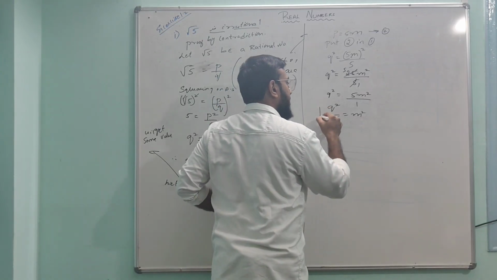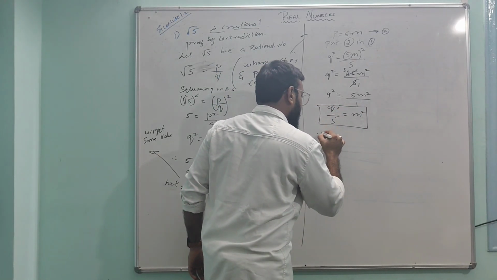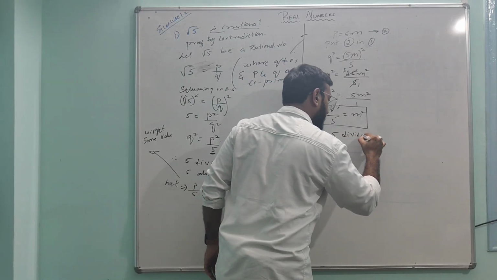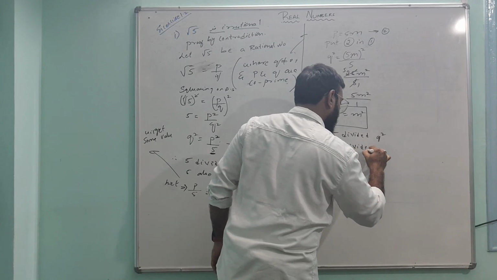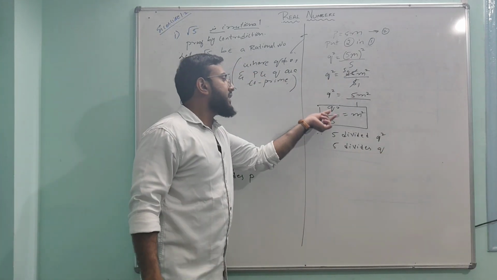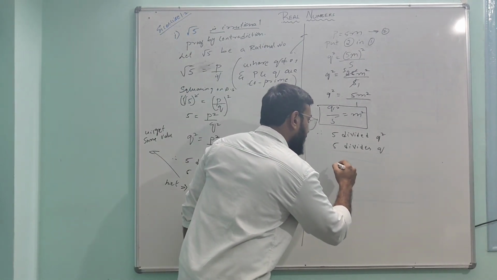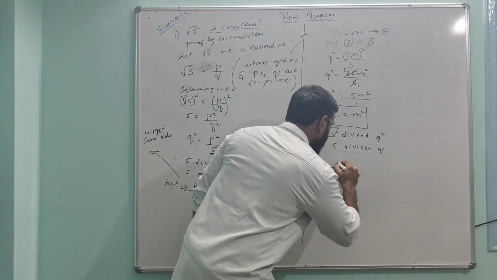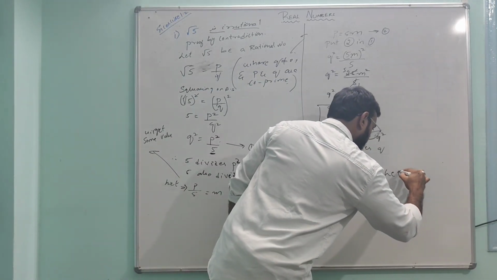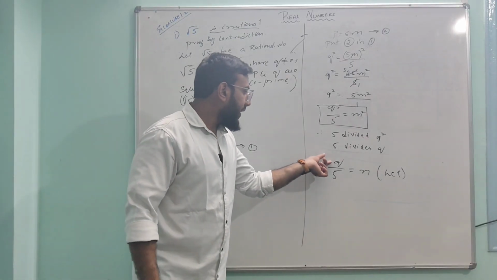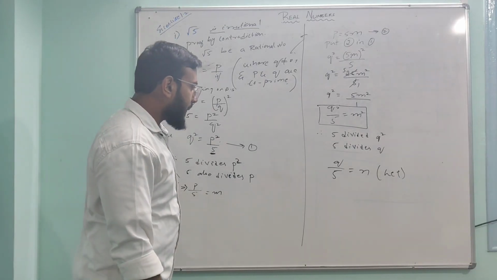Similarly, if you see carefully here, 5 divides q square. Therefore, 5 divides q. We'll take this value as n. We'll assume the value of n.